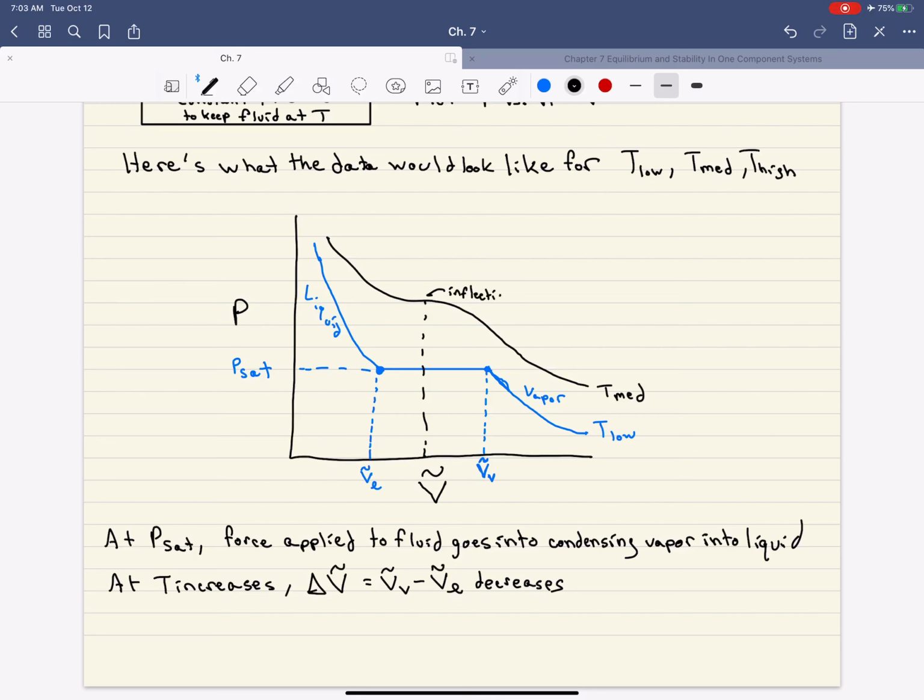So someplace where the curve is flat, the derivative is 0, but we don't see a maximum or a minimum. We just see it get flat and then continue increasing as we decrease the volume. So that would be at what we'd call some medium temperature.